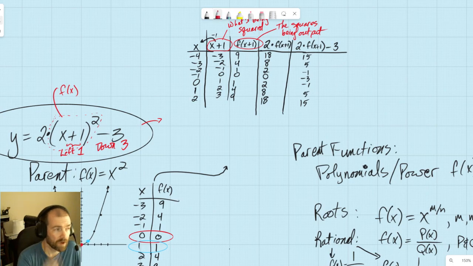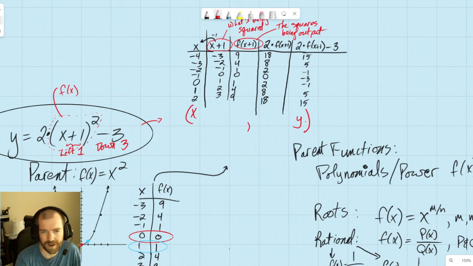So, one more time, this column here is going to get us all of our x values, and this column here is going to get us all of our y values for this particular transformed function. So right here, this is your x, comma, your y in these two columns.